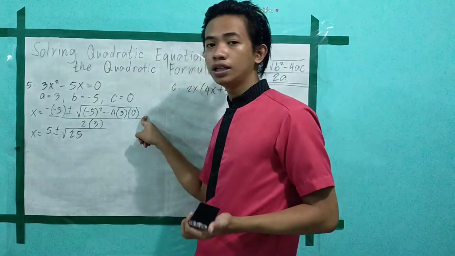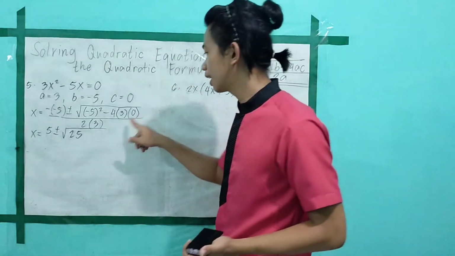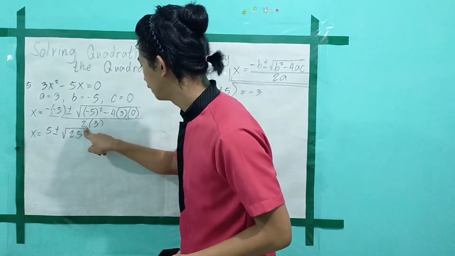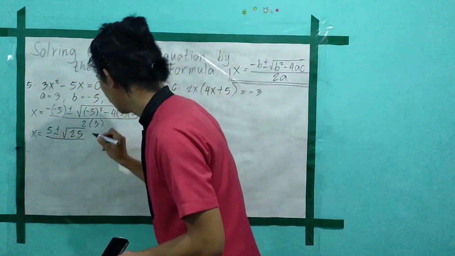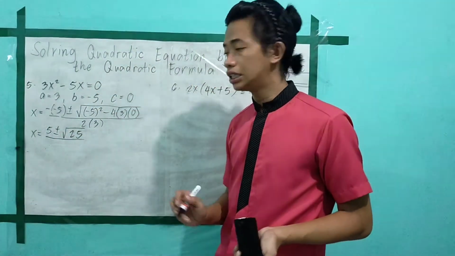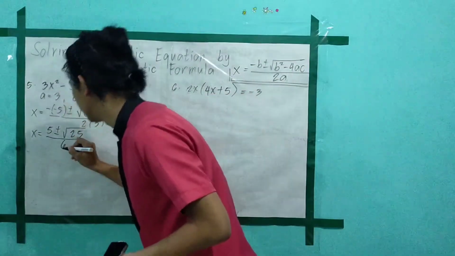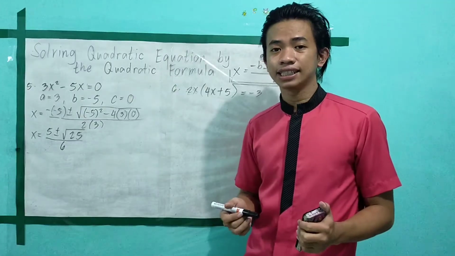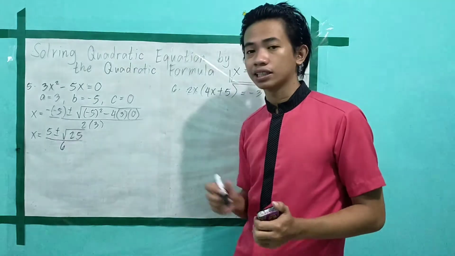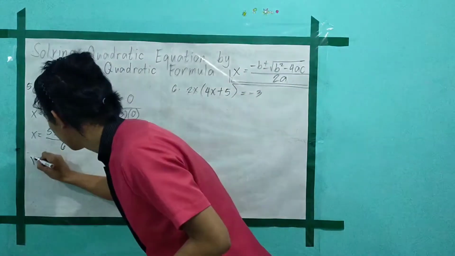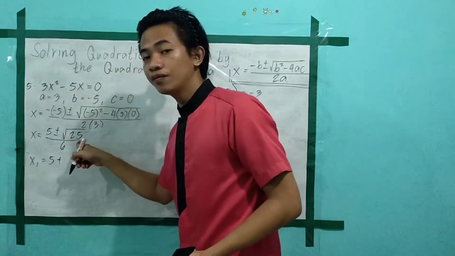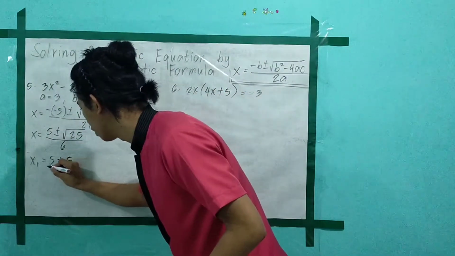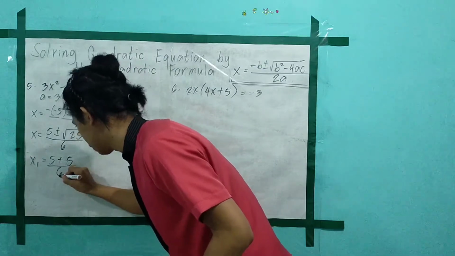Multiply by 0 is equal to 0. So, hindi na natin kailangan ilagay. Okay? Next. So, denominator natin, 2 multiplied by 3. We have 6. Next, solve for the value of x. So, our x sub 1 is equal to 5 plus square root of 25, we have 5 over 6.